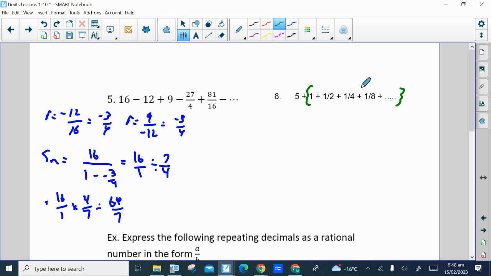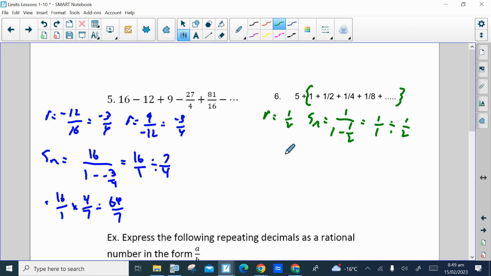So again, you can see by inspection that r, the common ratio there, is 1/2. And so the sum for that part will be a, the first term, over 1 minus r, the common ratio, which is 1/2. This will be 1 over 1 divided by 1 minus a half is also a half.